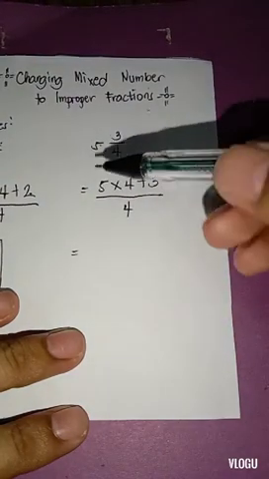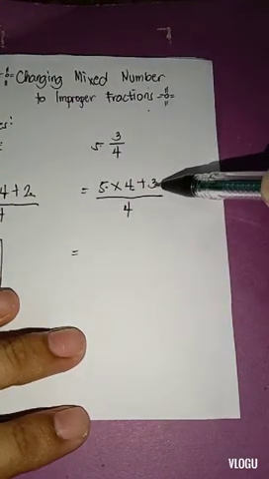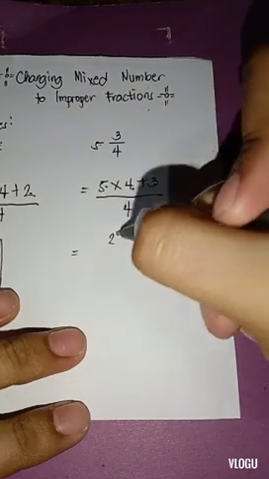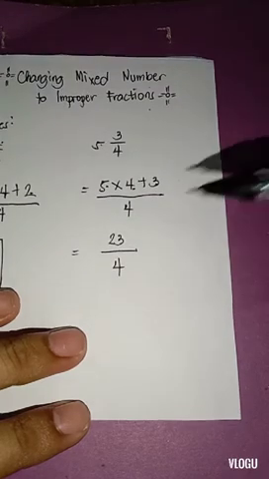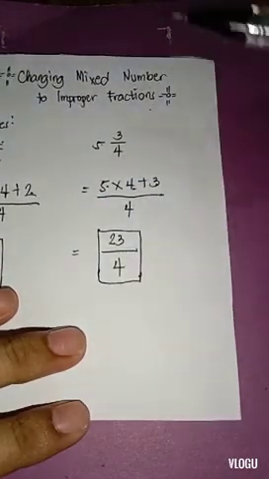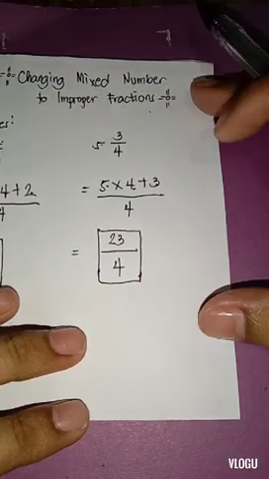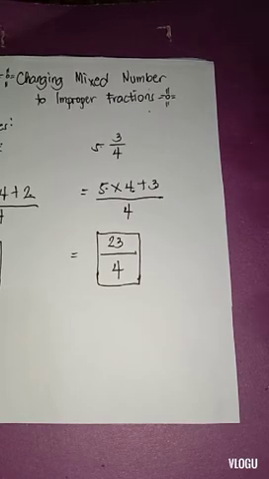So i-multiply natin. 5 times 4 is equals to 20 plus 3 is equals to 23. And then copy denominator. So ito na yung ating final answer by changing mixed number into improper fraction. Ulitin ko, para mas maintindihan nyo, simply pause the video para makopy nyo yung tutorial na ginagawa ko.